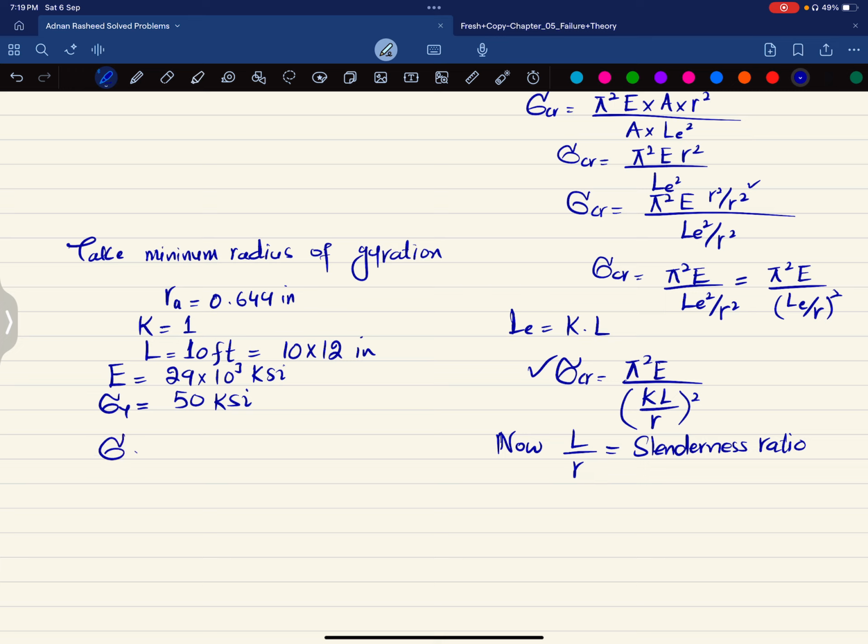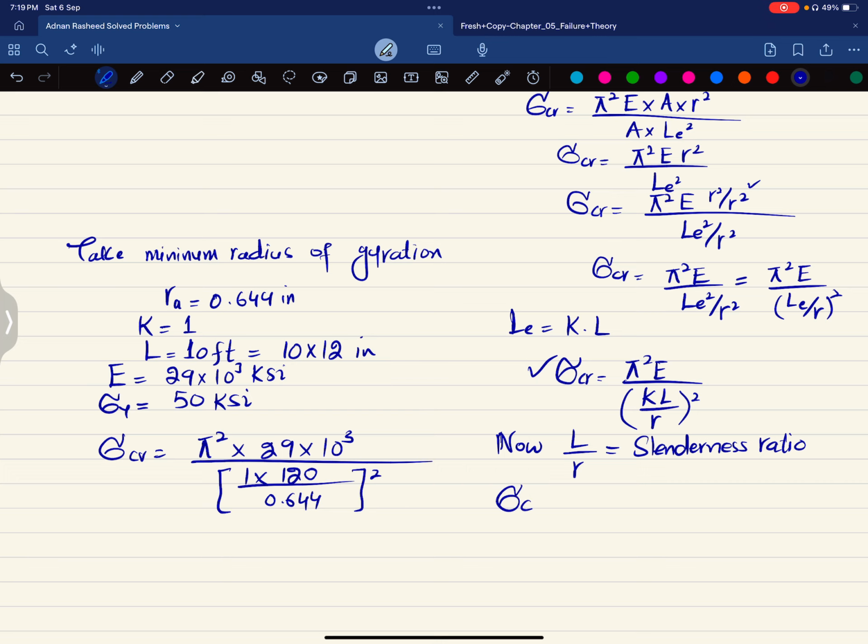So critical stress is equal to pi square multiplied by 29 into 10 raised to power 3, divided by K which is 1 multiplied by L which is 120 inch, divided by the radius of gyration 0.644, whole square.